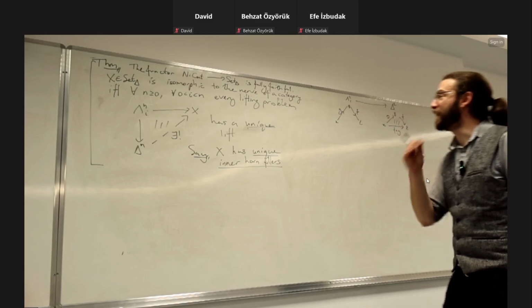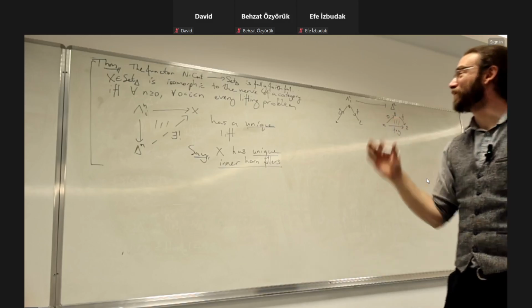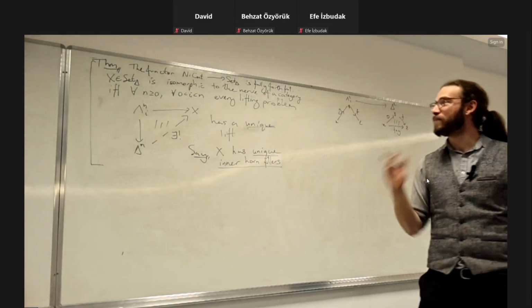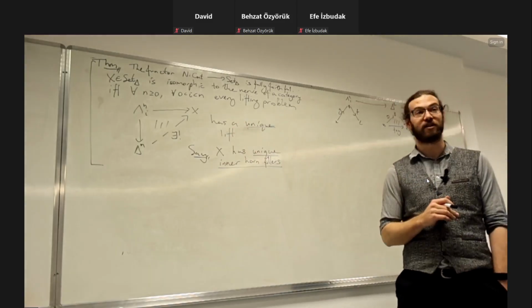So this tells us precisely how we understand categories as a special case of simplicial sets. Categories are the same thing as simplicial sets that satisfy this unique lifting condition.